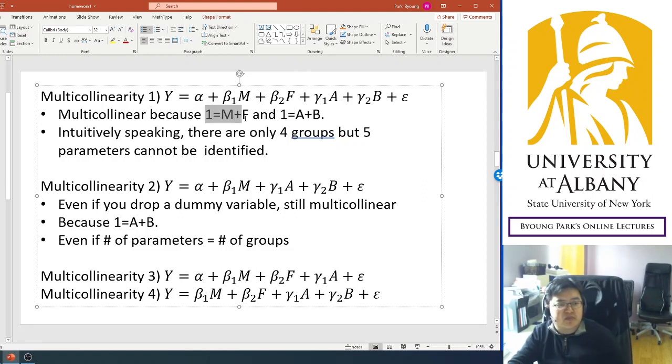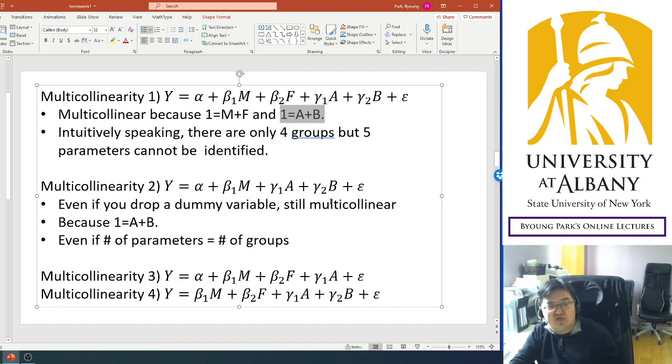They are separate, and dropping F only fixes one problem. As long as you include A and B at the same time, the other multicollinearity does not go away. It's still there.